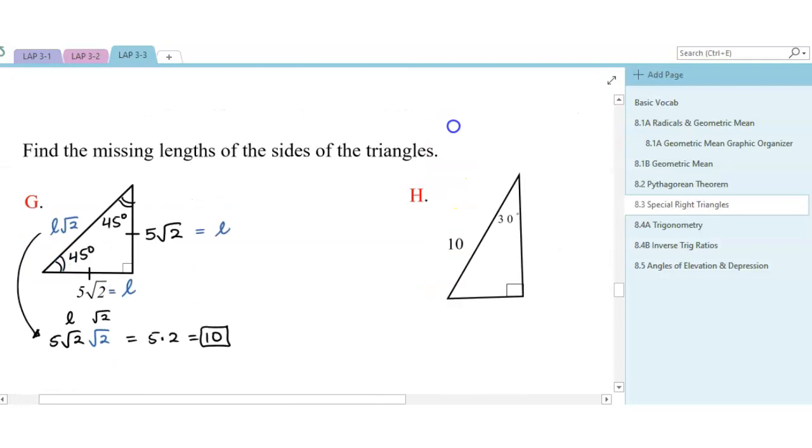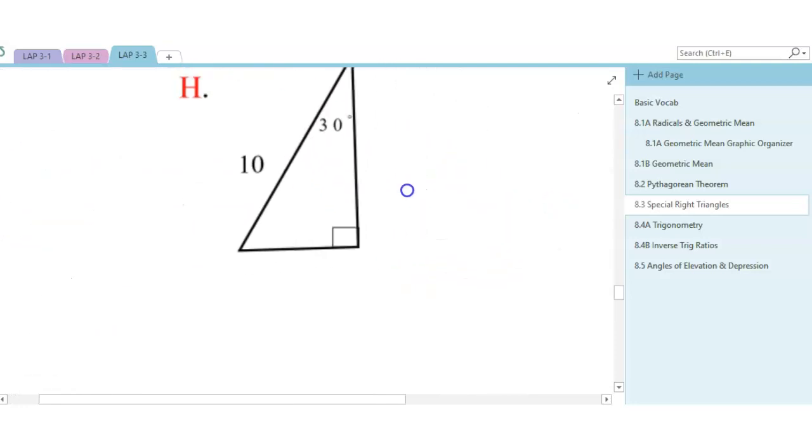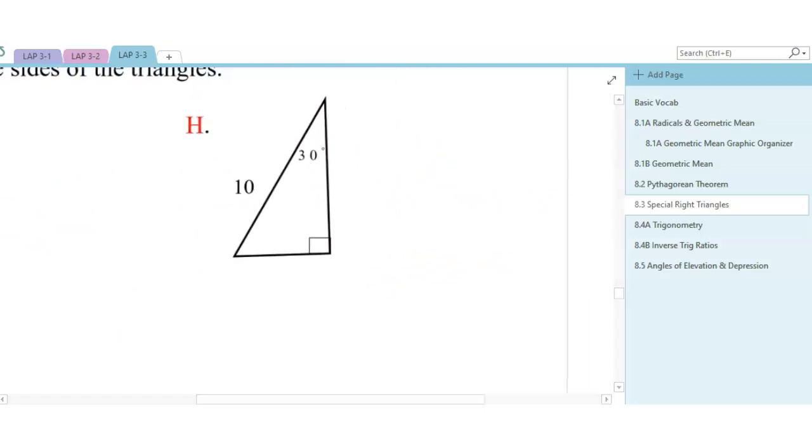All right. Over here, we have a 30, 60, 90. Remember that the side opposite 30 degrees is S. I'm going to go ahead and write it as a cursive S because I don't want to get it confused with 5. So side opposite 30 is S. Side opposite 90 degrees is 2 times S. So if 2 times S is 10, obviously S has to be 5 because 2 times 5 gives me 10.